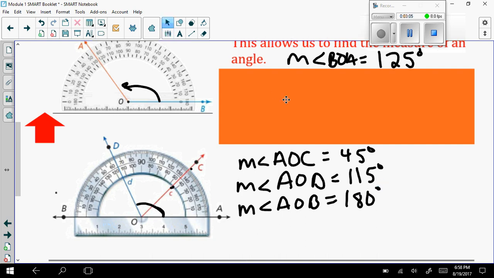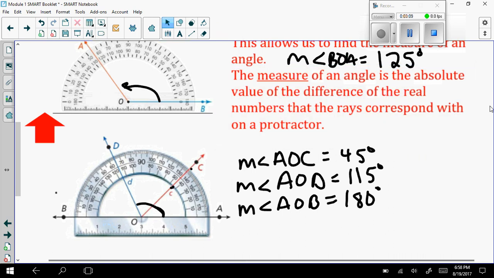Now, we can take this one step further and measure angles that don't have one of the rays on the 0 of the protractor. So the measure of an angle is the absolute value of the distance of the real numbers that the rays correspond with on the protractor.